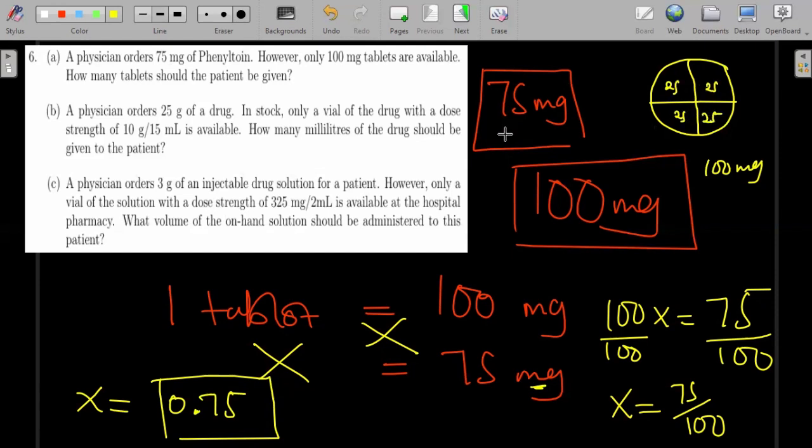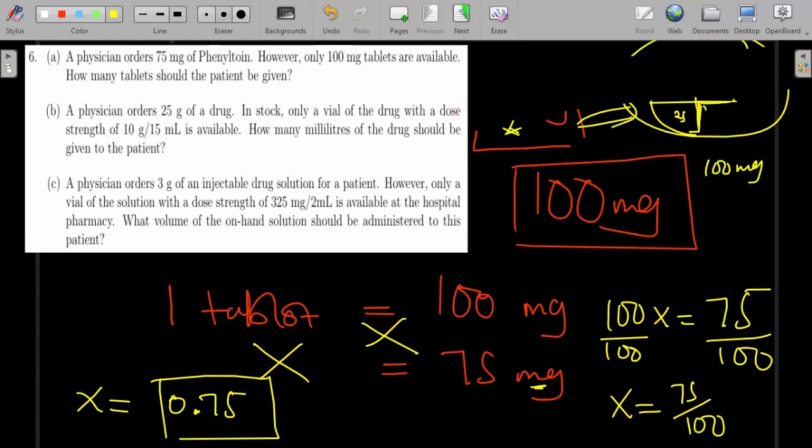So if I only want 75, I have to cut some part of this tablet. I cut this part here, so we can erase it. The tablet that should be given looks like this, with a small part removed, which was the 25. So how many tablets should be given? 0.75 tablets, which looks like this. So we are done with A.